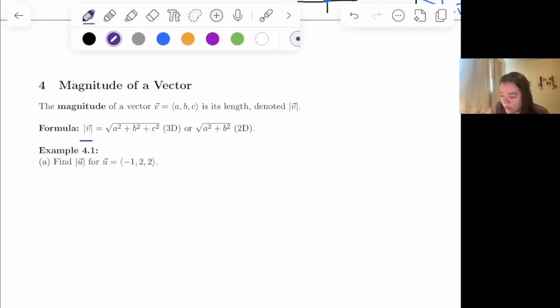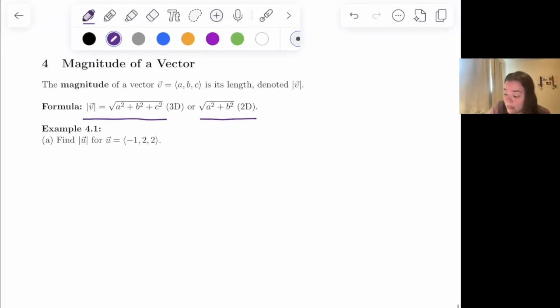And you have a formula for 3D and a formula for 2D to find the magnitude of a vector. Just remember, this is the Pythagorean theorem. It's just glorified for 3D, right? There's an extra component, or it's just the Pythagorean theorem essentially in 2D. Let's do our example. Find the magnitude of vector u.